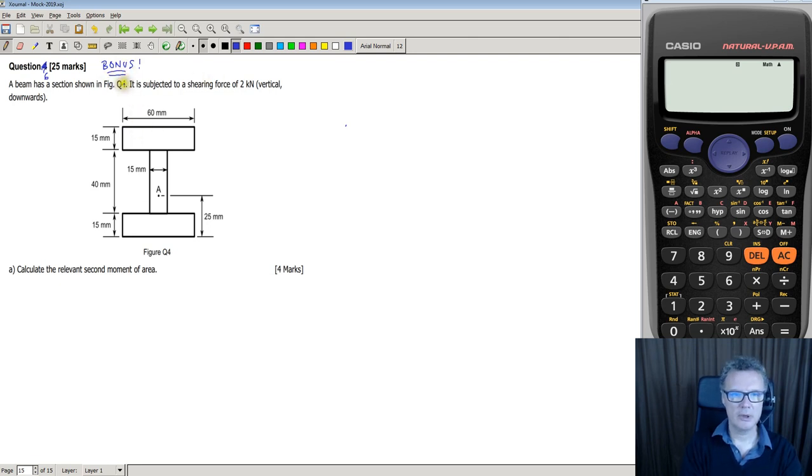So here we're going to get rid of our shearing force, and at the middle we'll change that shearing force into a bending moment.